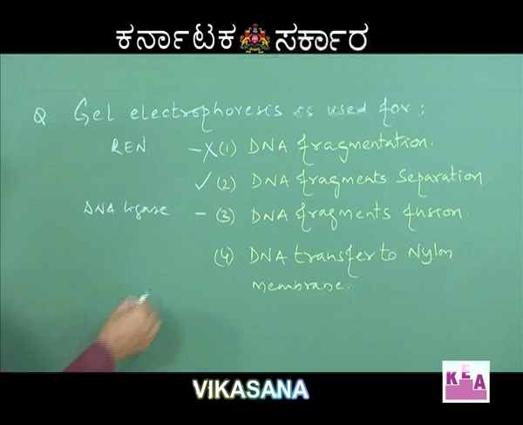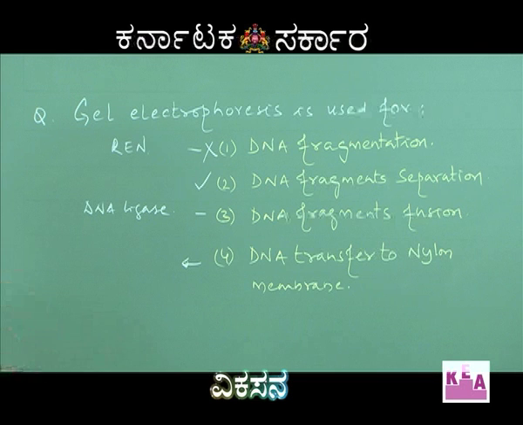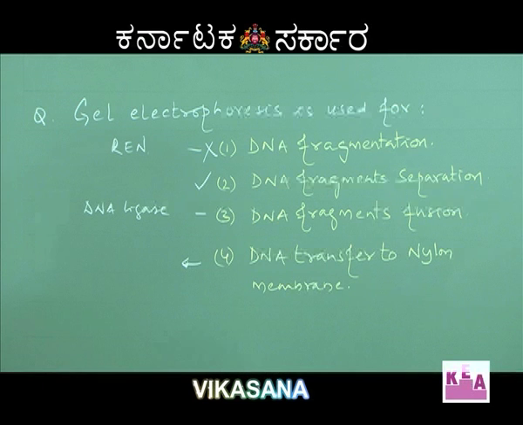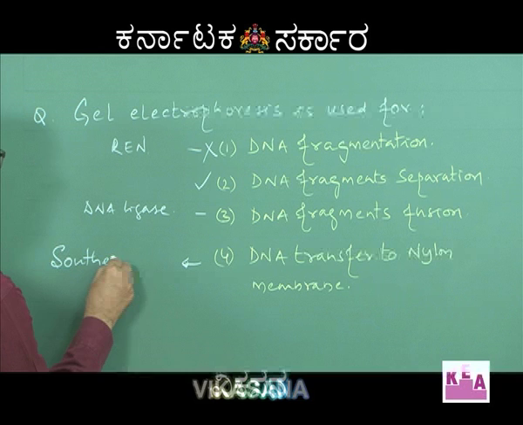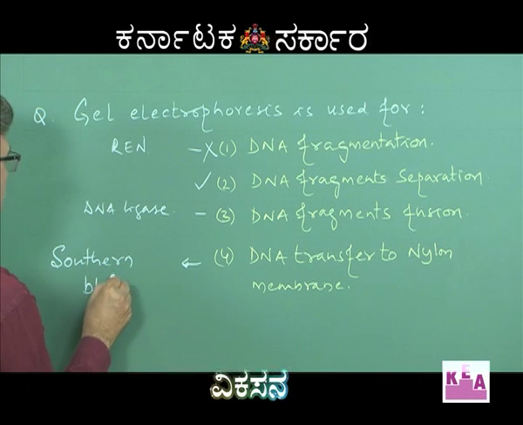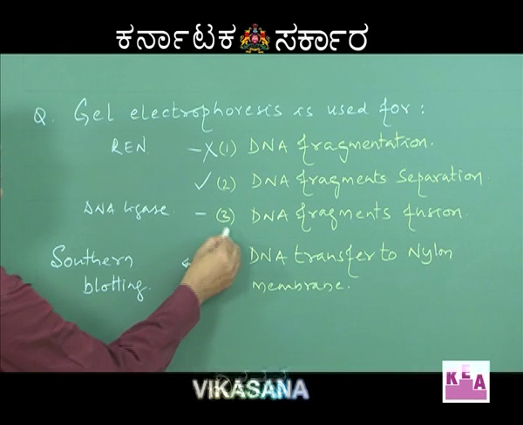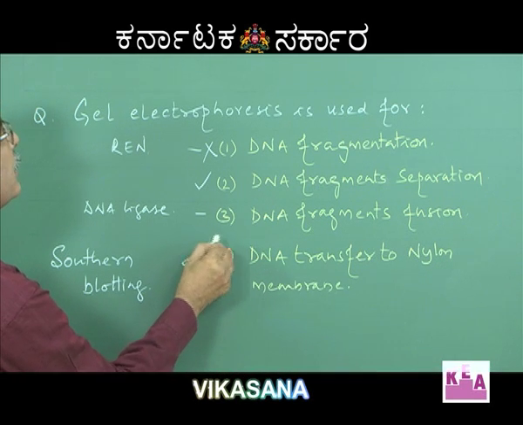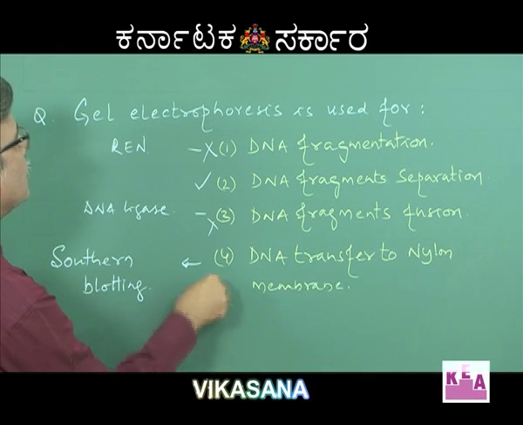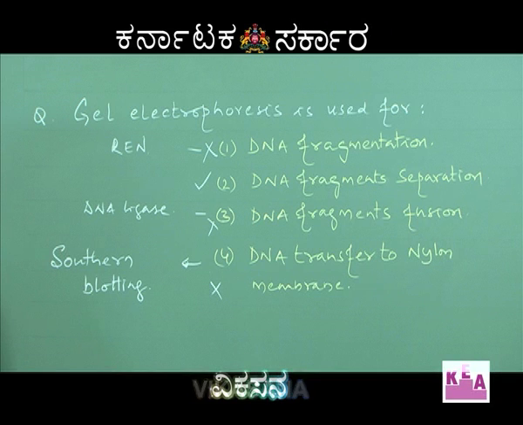And the technique of transfer of denatured DNA fragments, that is single stranded DNA fragments, from the gel bed to a nylon or nitrocellulose membrane is called southern blotting. So, even this is not an answer. So, thereby the answer is option 2.